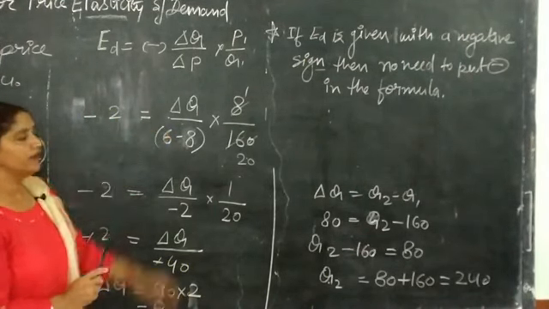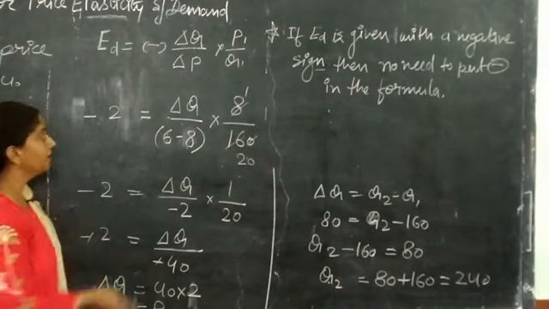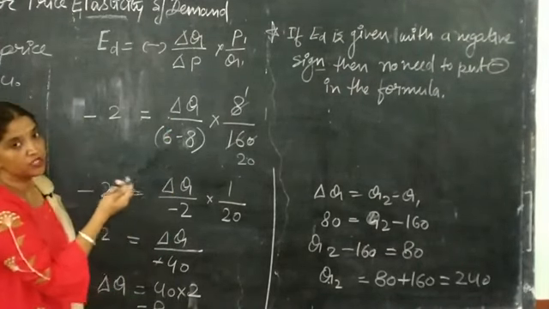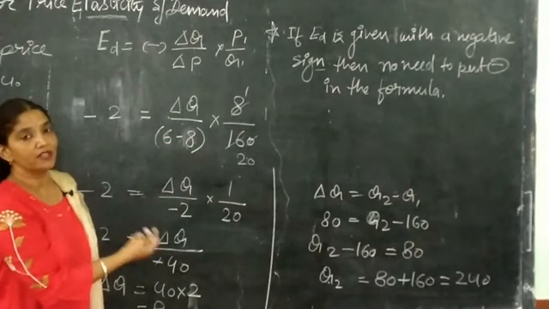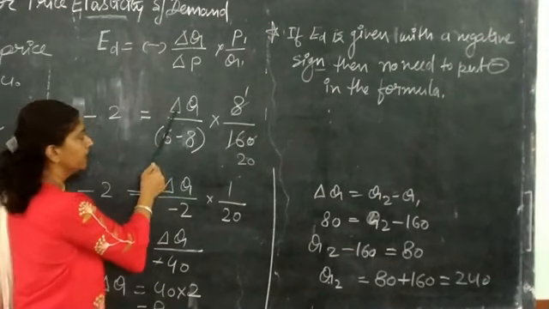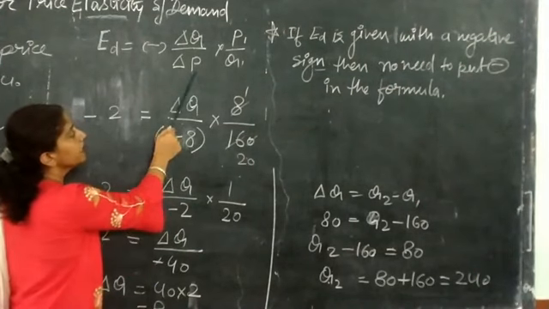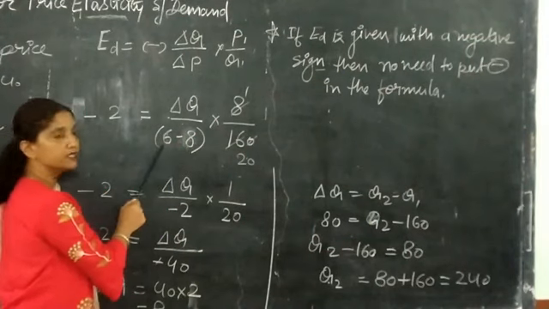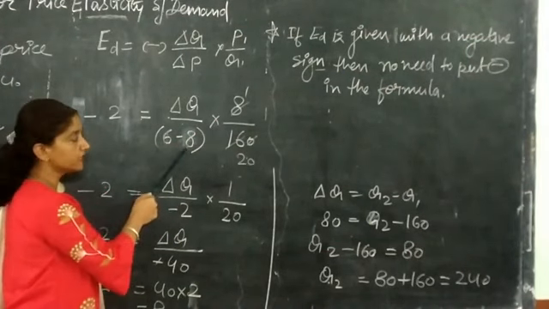Now we will put all the values into the formula. First of all, delta Q is not given because Q2 is not mentioned, so we can't say what the change in quantity is. Delta Q divided by delta P, it means change in price, P2 minus P1. P2 is 6 rupees, P1 is 8 rupees.